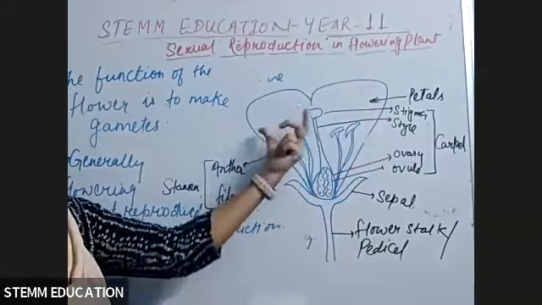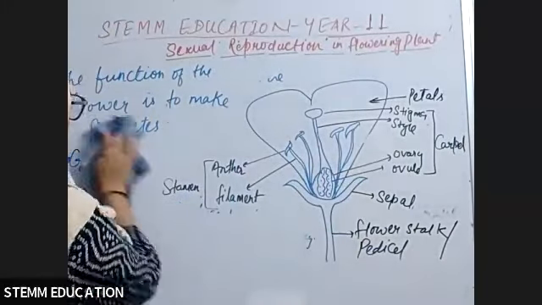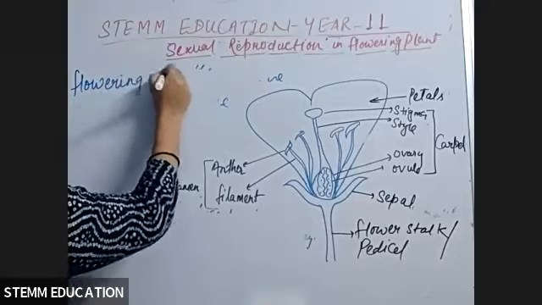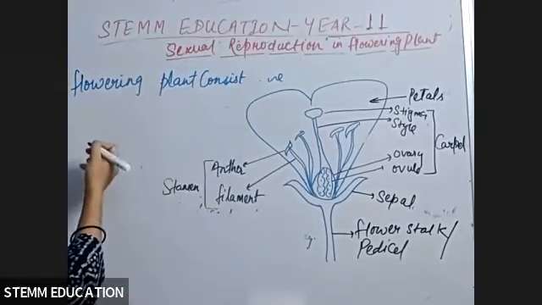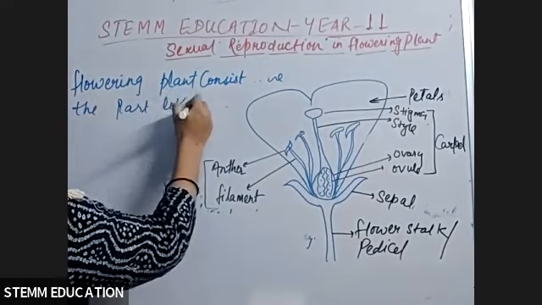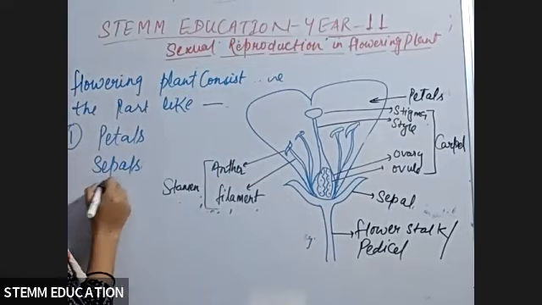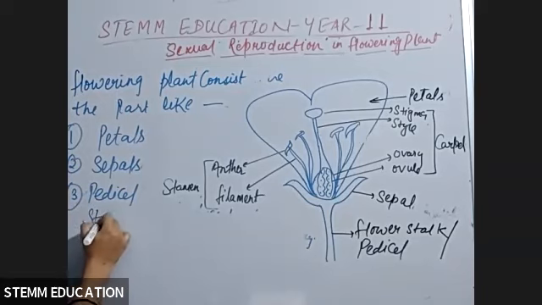The flowering plant consists of parts like petals, sepals, pedicel, stamen, the male reproductive part, and carpel.